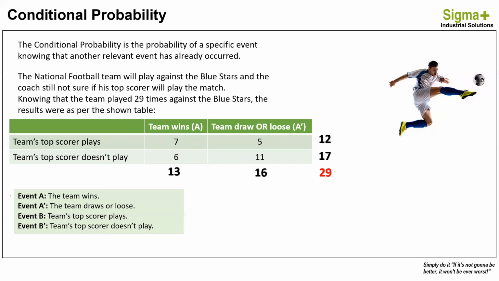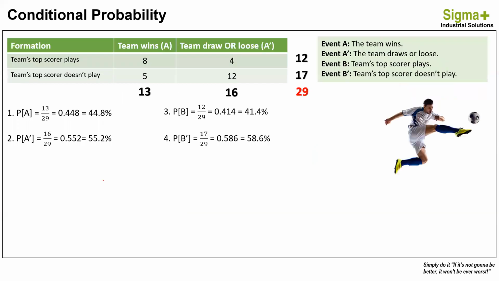Okay, so we are interested in two major events. Event A, that the team wins, and event B, that the team's top scorer will play the match. And we have the complement of the events, which is A dash, that the team draws or loses the match, and event B dash, that the team's top scorer will not play the match.